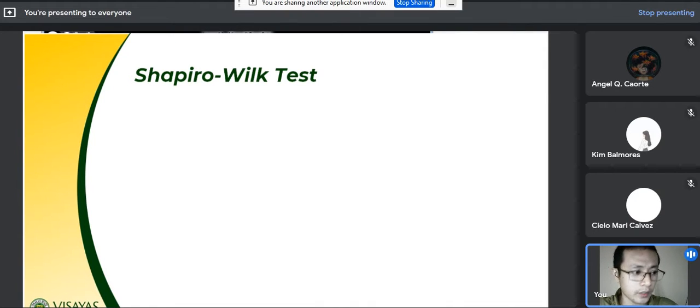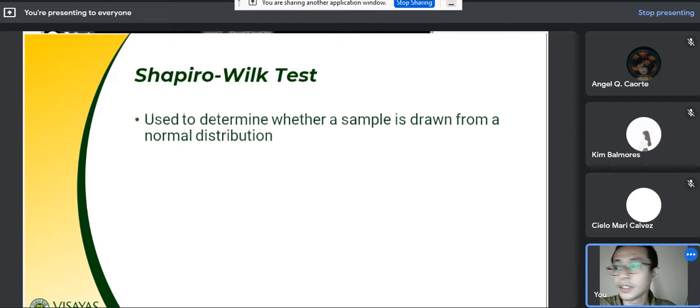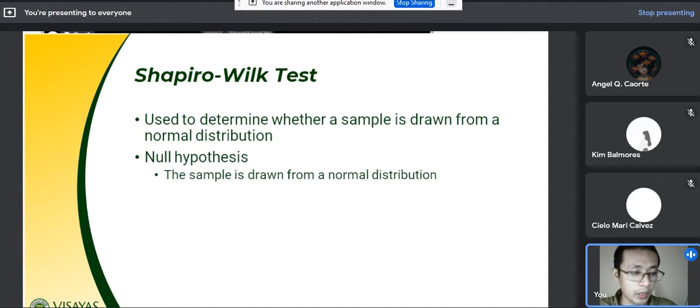So let's talk first about the Shapiro-Wilk test. The Shapiro-Wilk test is used to determine whether a sample is drawn from a normal distribution. Since these are all statistical tools for testing normality, they will help us identify whether a sample is drawn from a normal distribution. So here's the pattern for our null hypothesis.